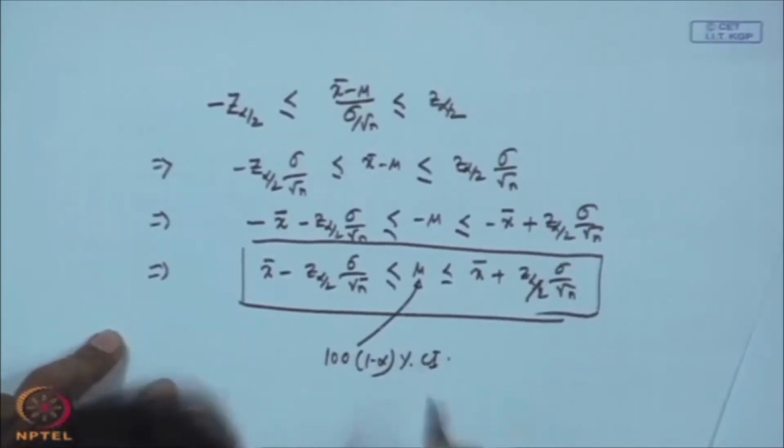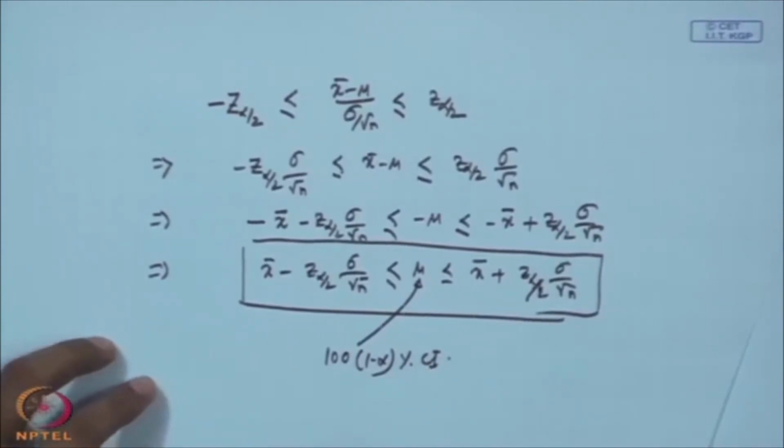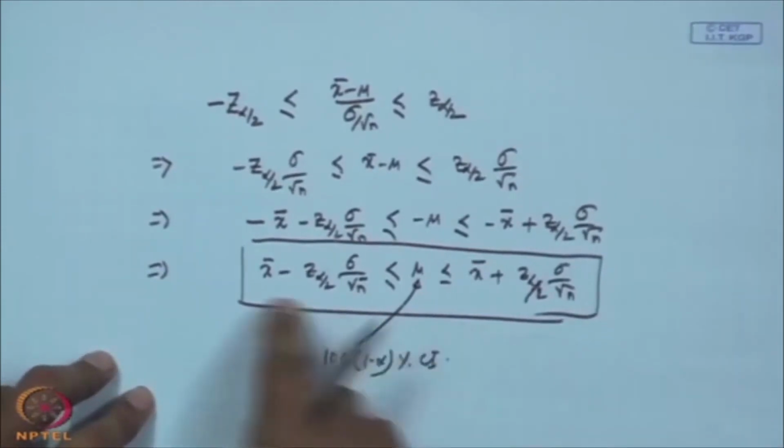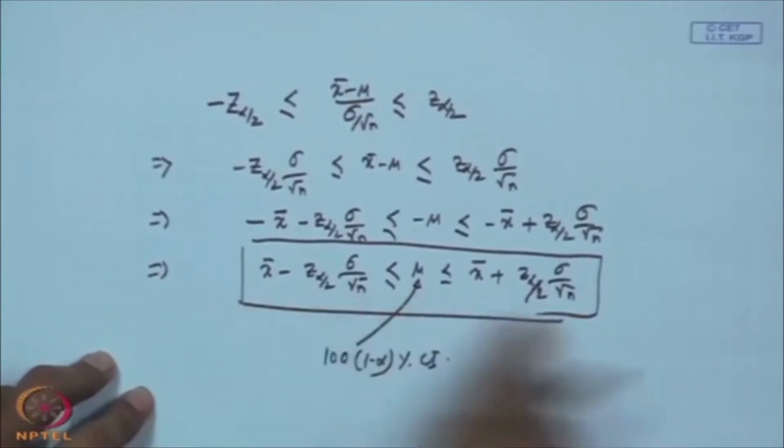Correct. So, when you talk about a confidence interval, it is definitely for the population parameter, not for the sample statistic. Getting me? Once I know this, what will happen ultimately?